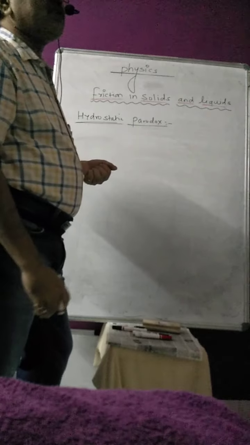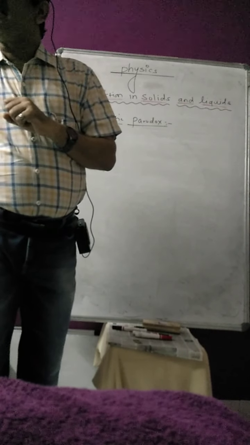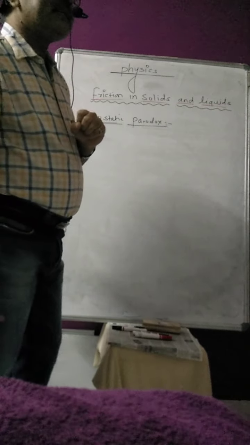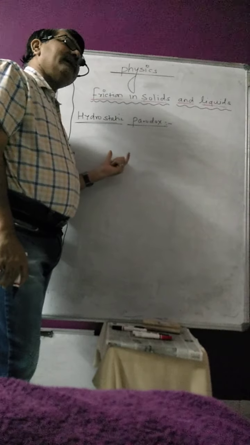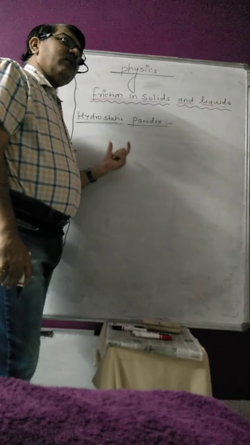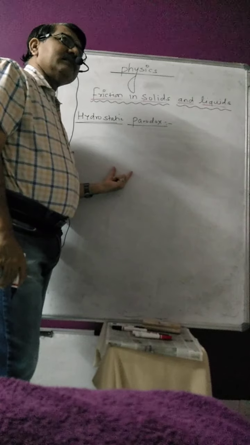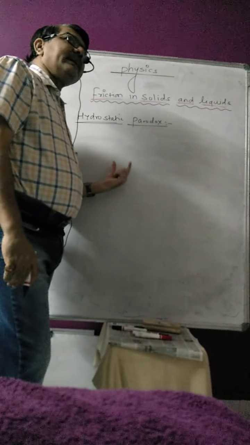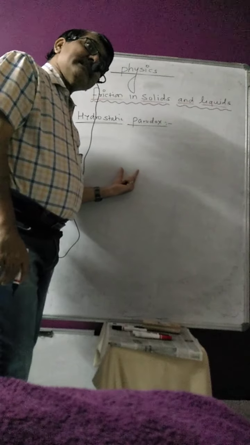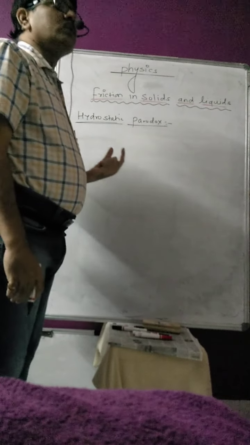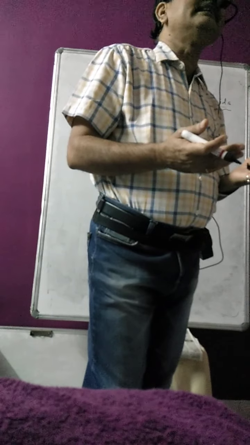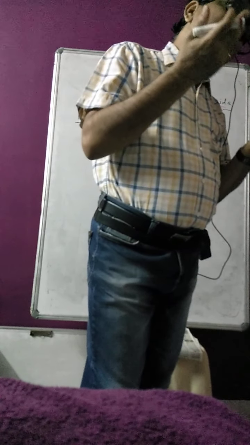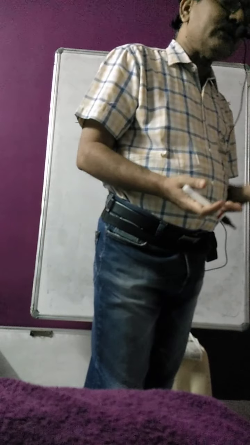Sir, what is that paradox? See here, the hydrostatic paradox tells us that the force exerted per unit area, or pressure exerted by the liquid column on the base of the container, is the same, though we have taken the liquid in different shapes, but the same height, meaning different volumes and different weights.